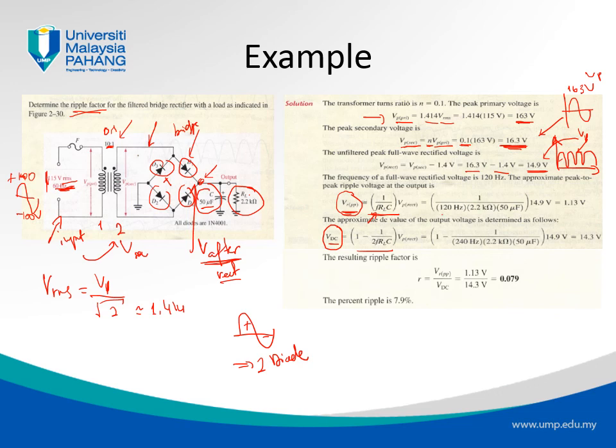Why do they put 120 hertz? It should be 60 hertz, right? So it is 60 hertz, multiplied by the resistor of the load. The resistor of the load is 2.2 kilo ohm, and the capacitor is 50 microfarad.